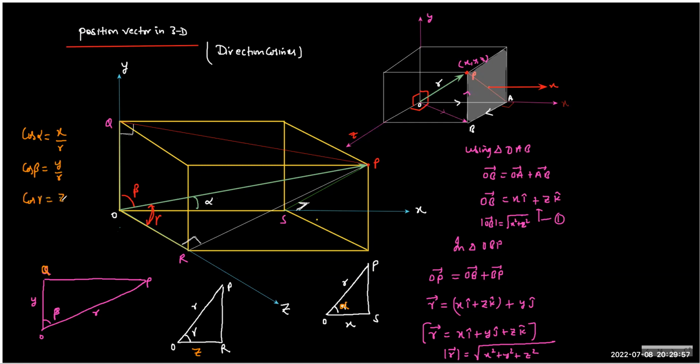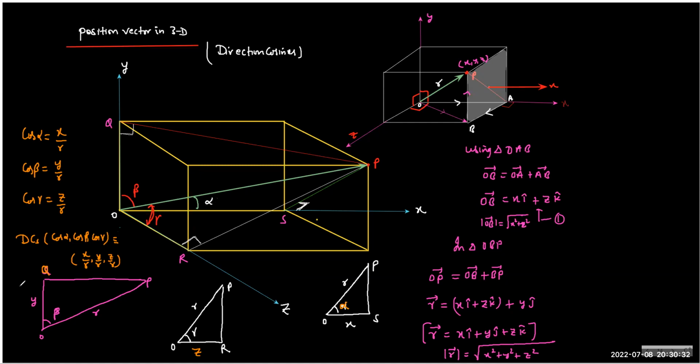Z upon R. You can see these are a triplet of cosines. That's why if I put all these together, we call them DCs, direction cosines. Or you can write it as... Is this clear?